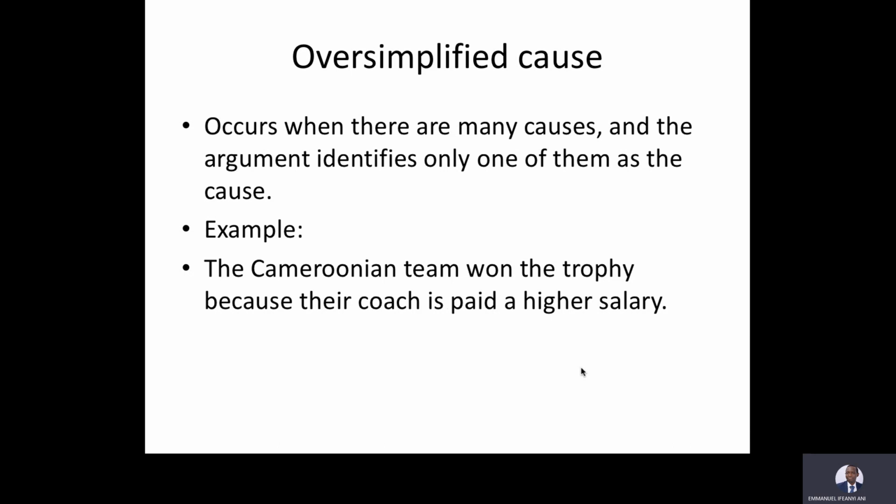Even a poorer paid coach can deliver victory. And so to understand why a team is victorious, we need to look at several factors, including the coach's high salary and then other factors too. Identifying only one of them as responsible for the team's victory is a fallacy of oversimplified cause.